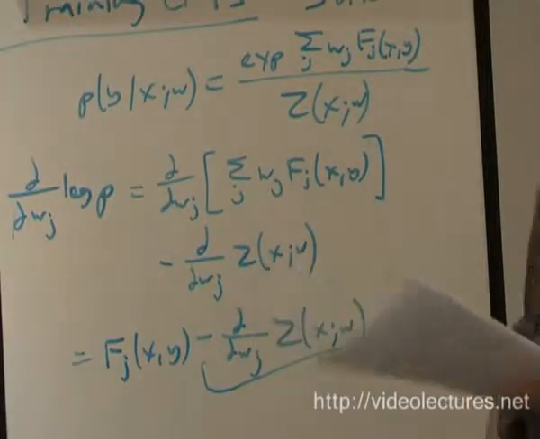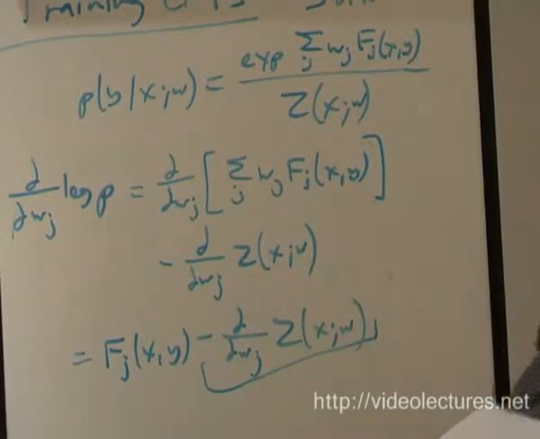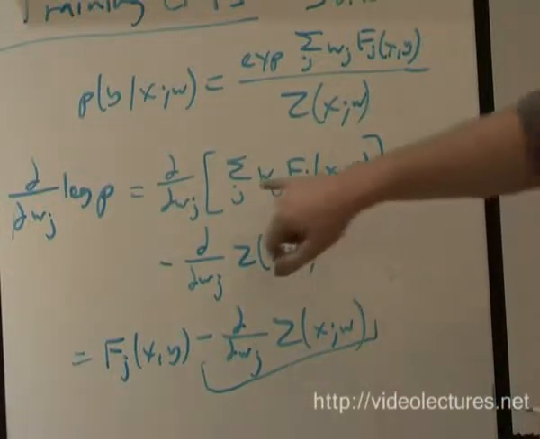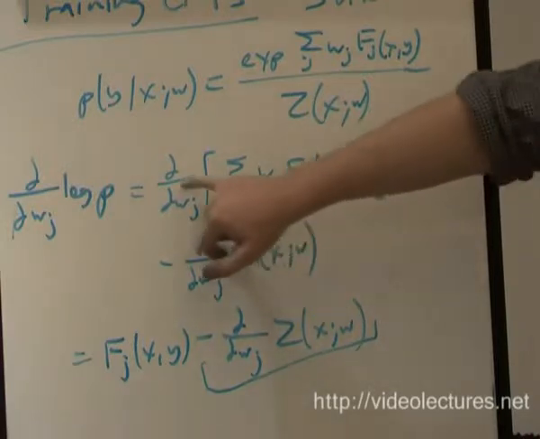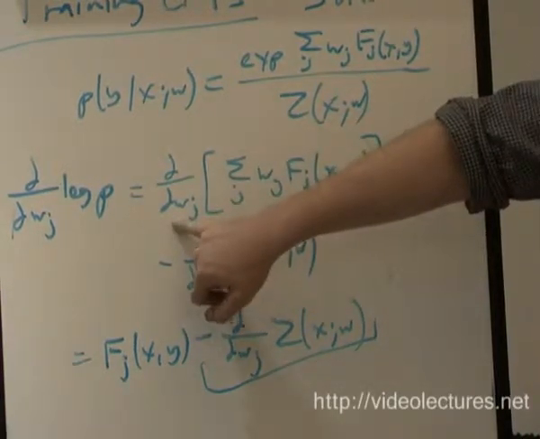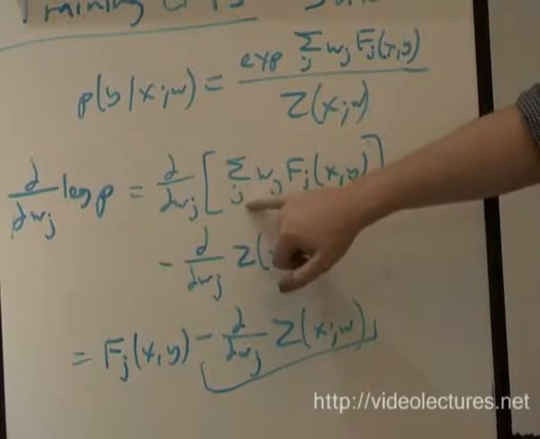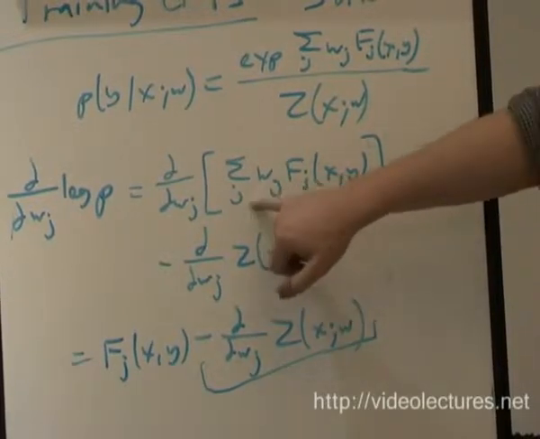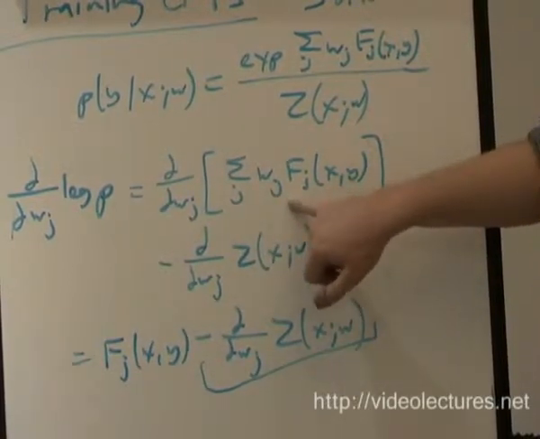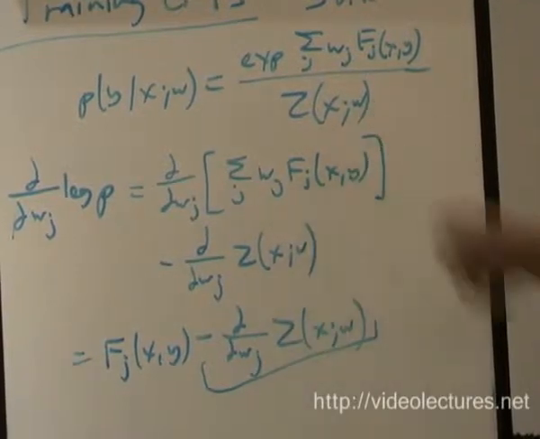Sorry. Yes? Am I missing something? Maybe it's being late in the day. Where did your summation go for the first part? Okay, good question. So this is a partial derivative with respect to parameter number j. And this is a sum of, right. So all the other ones disappear. It's a linear function of wj, so all the other ones disappear. Yeah.